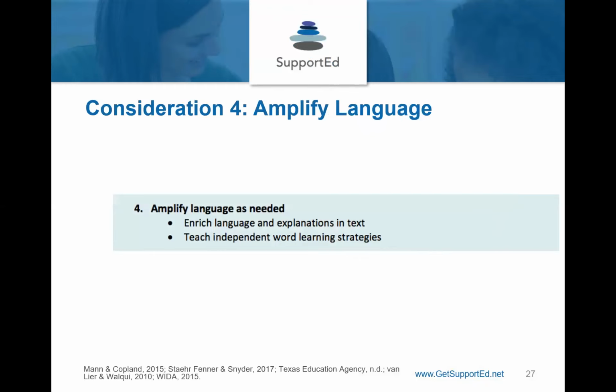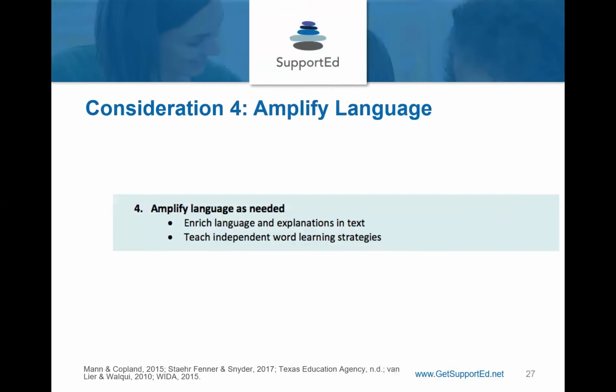And also, when we simplify language, we're removing a lot of cognates, a lot of those verbs that we might think we're making more simple, but we're actually making it more difficult by removing words that are cognates. And we're also robbing students of exposure to more rigorous academic language.